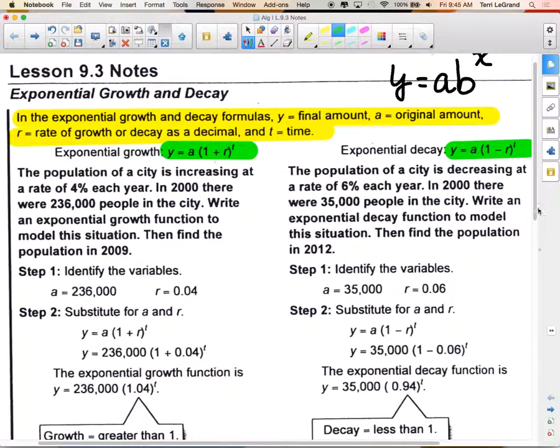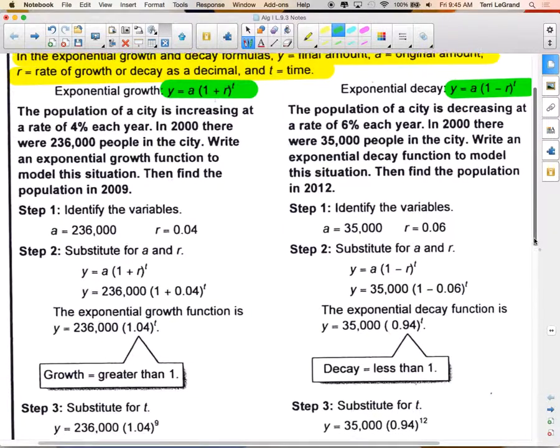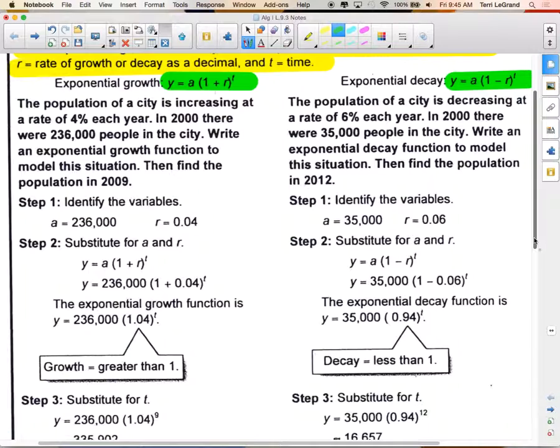Okay, so let's take a look at this. Oftentimes the reason that students don't get their papers stamped for this assignment is because they don't hear me on the part that there are two answers for these. It's probably a good idea if we highlight this. Write the exponential growth function to model the situation. That's one of the answers: the exponential function that still has the y in it and it still has the t in it.